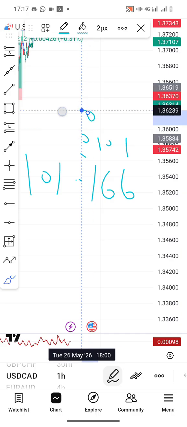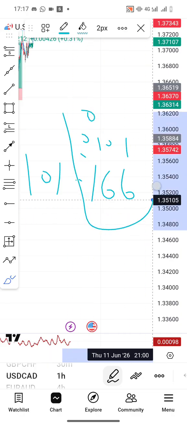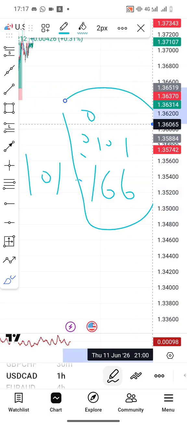So if this one right here moves to 2, we have dropped down 100 pip. If this moves to 5, we have dropped down 10 pip.